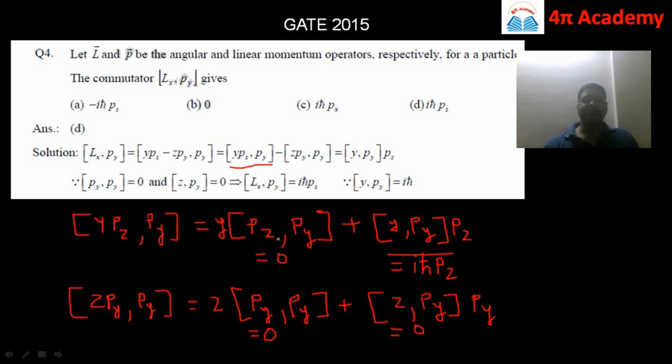Hence this term is 0, this term is 0, so we remain only with the value which is i H cross pz, and hence the correct option is D, that is i H cross pz. So this is the correct option.